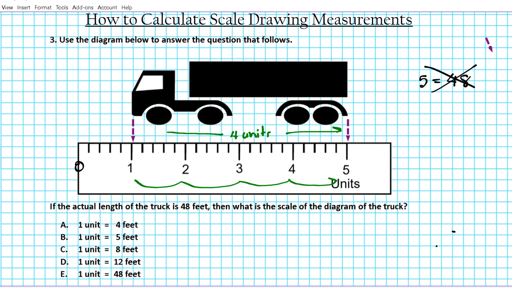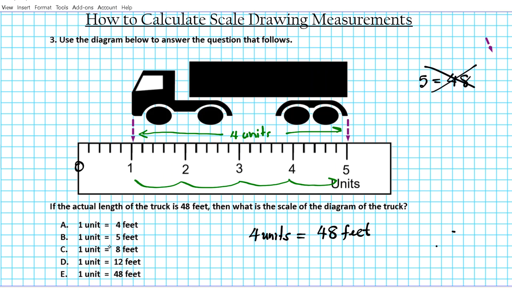So you have to be really careful to make sure that you align it properly and start from the correct starting point. Based on this diagram, we know that 4 units on the ruler corresponds to 48 feet on the actual truck.